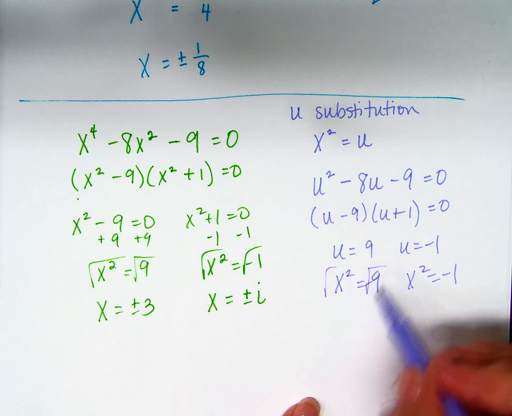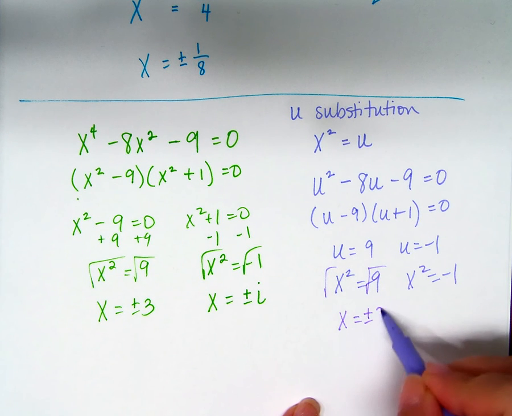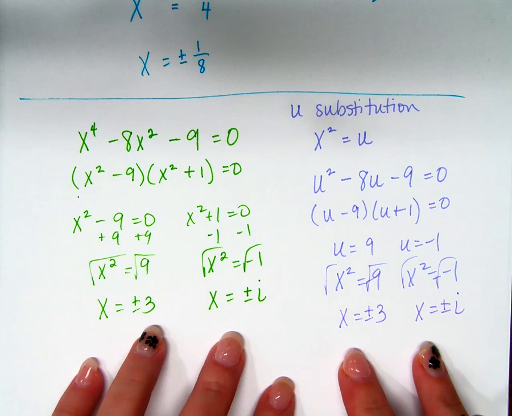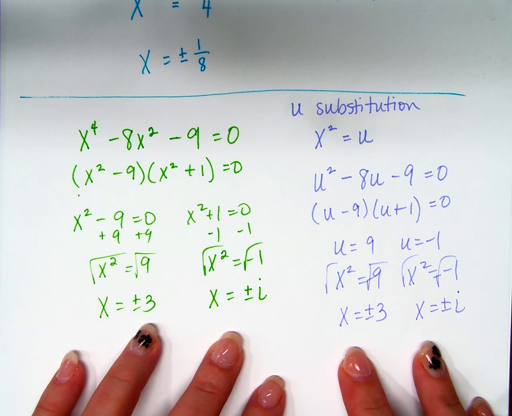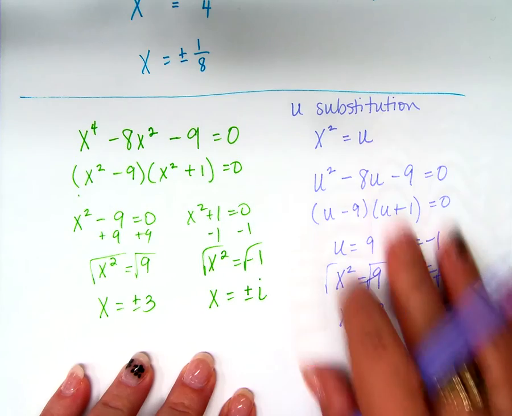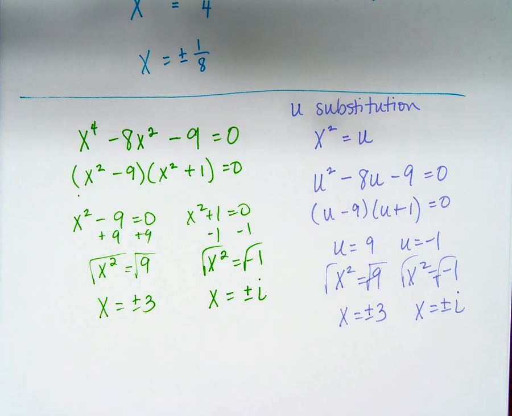So I just square root both sides and get x equals plus or minus 3. Square root both sides here and get x equals plus or minus i. And in fact, I got the same thing. Some people are more comfortable doing this. Some people are more comfortable doing a u substitution. So I just wanted to make sure that you could see both ways. Yeah, it makes it visually a little simpler.